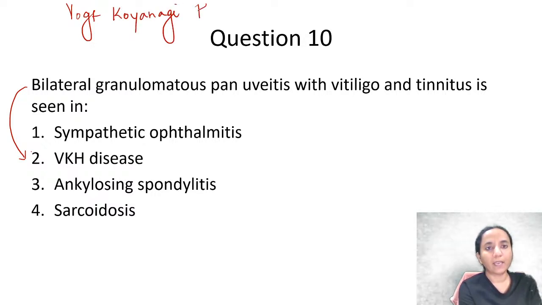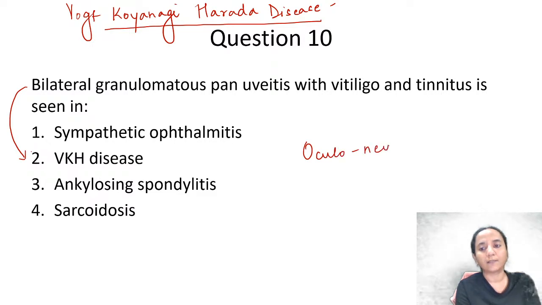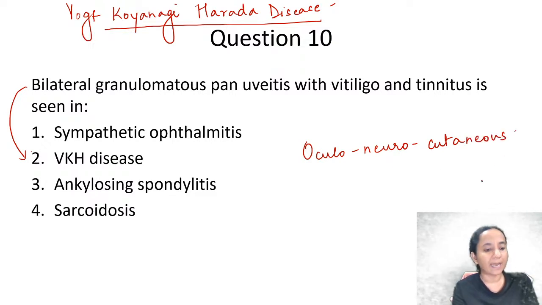Let me tell you a few things that can come with respect to this disease. This is an oculoneurocutaneous disease, so there are ocular features, neurological features and skin features.